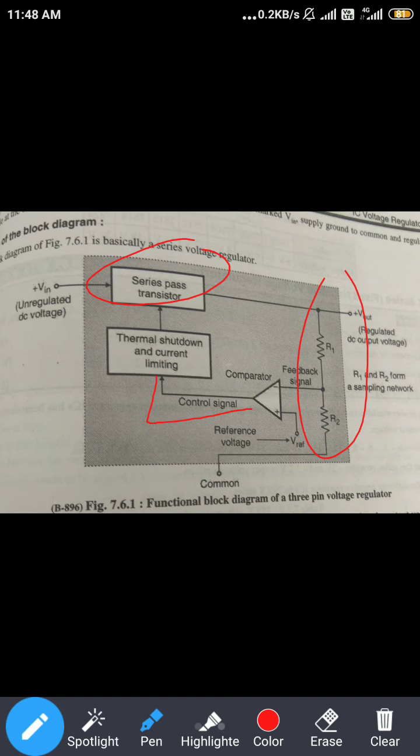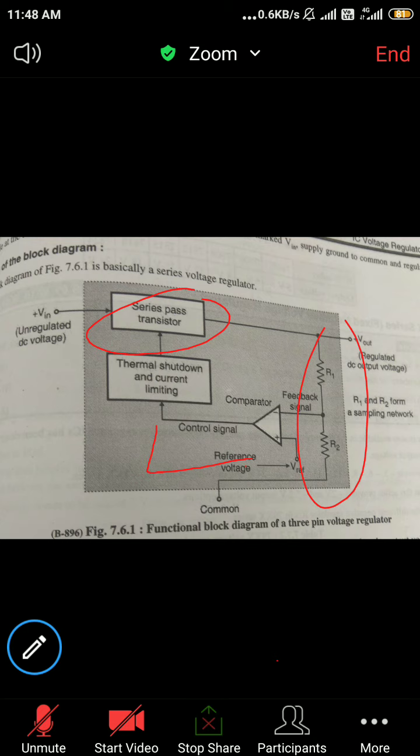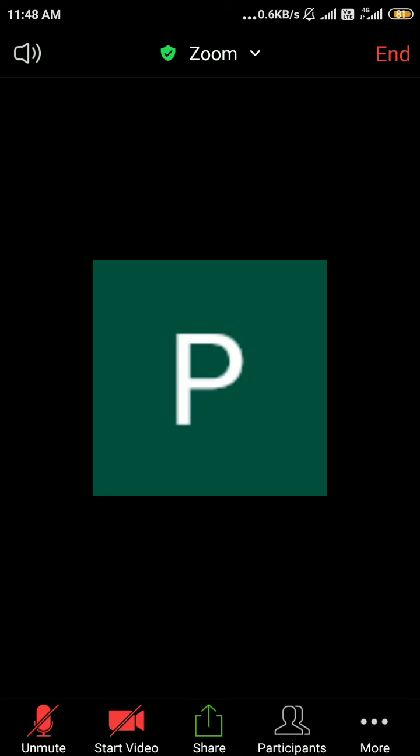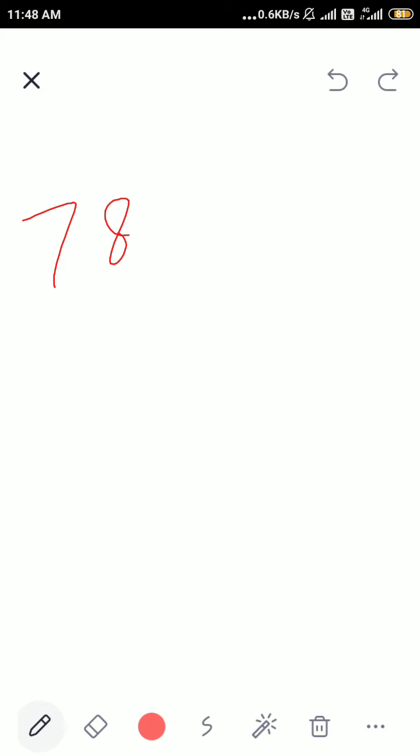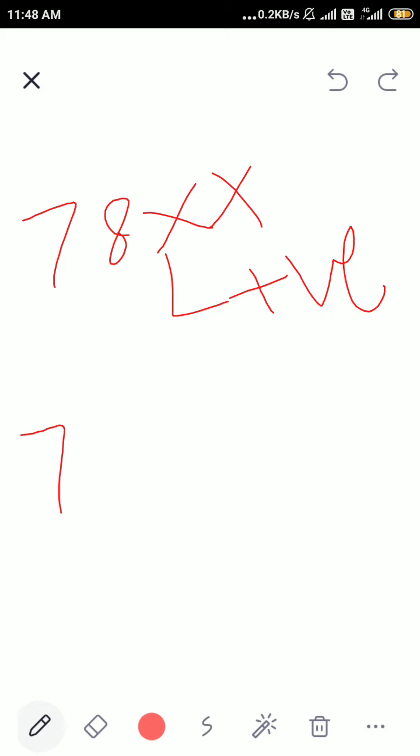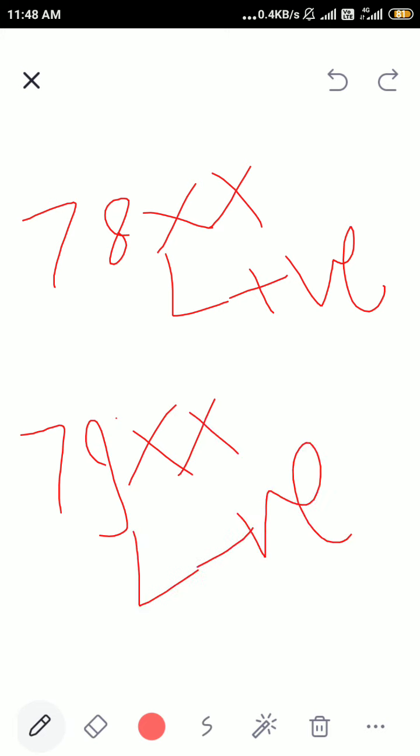These three terminal voltage regulators are generally classified as the 78XX series and 79XX series. 78XX gives positive voltage range and 79XX gives negative voltage range.